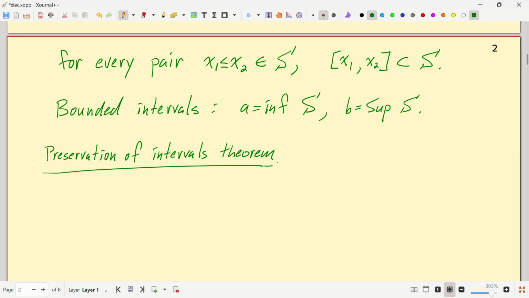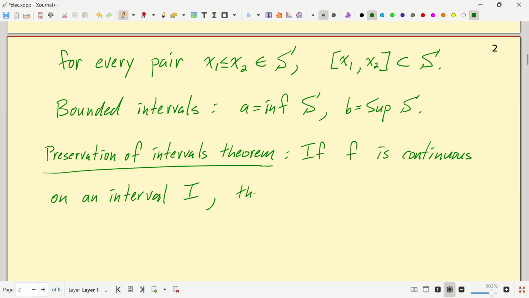And it is, if f is continuous on an interval, and not necessarily a closed interval, then f of I is an interval.